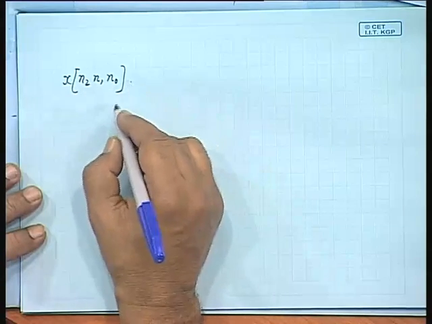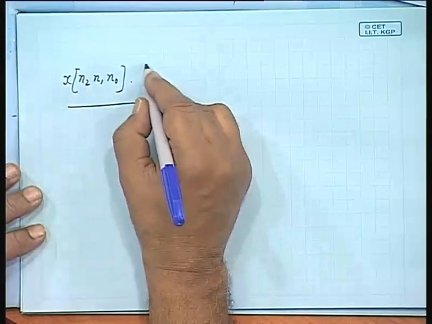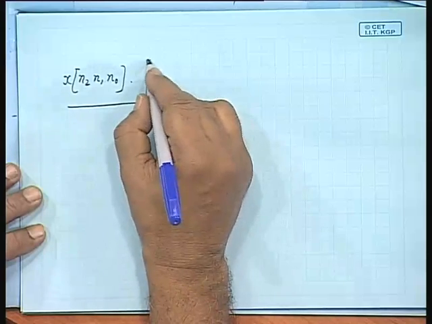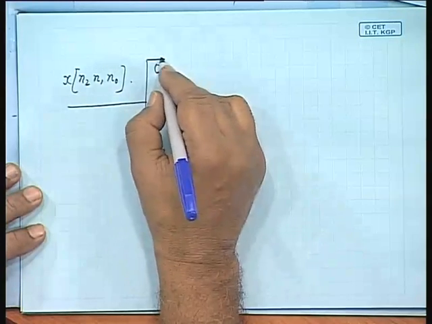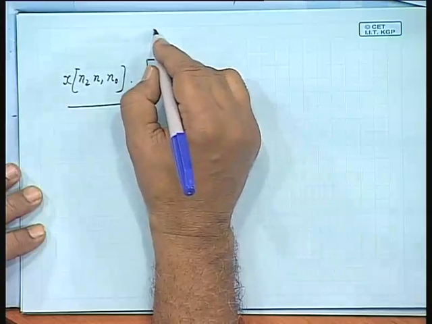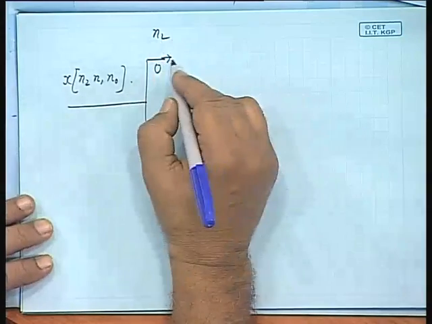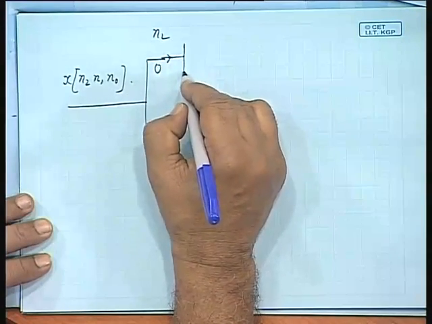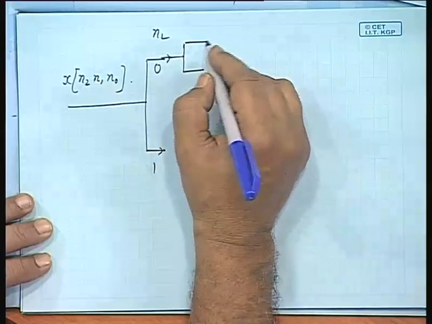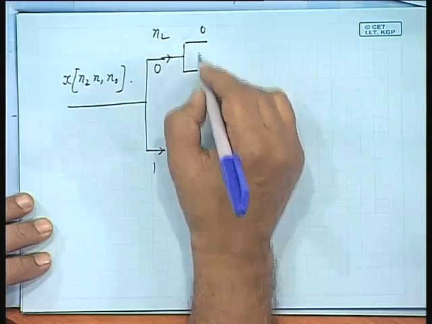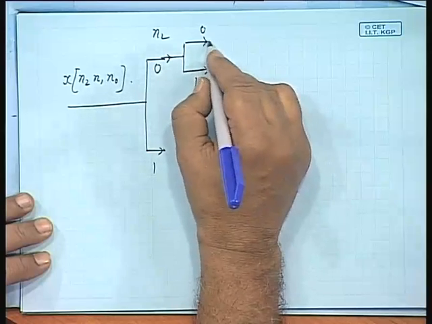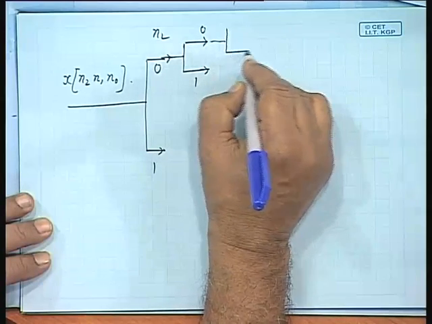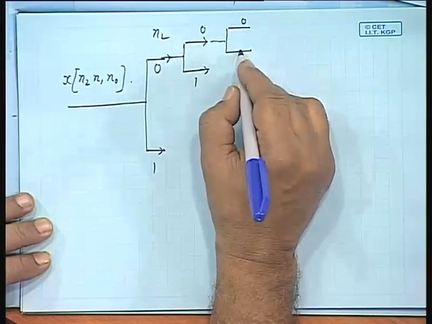What we have done is, this is 0, this is 1, this is the first position, then 0 and 1, the second digit, and then 0 and 1.